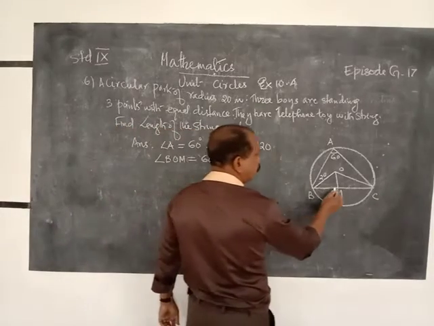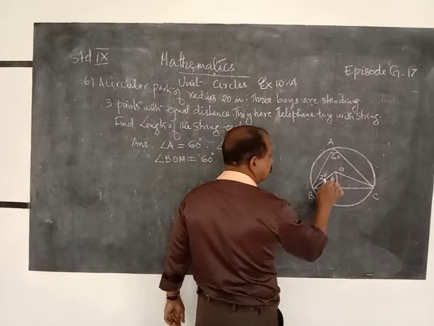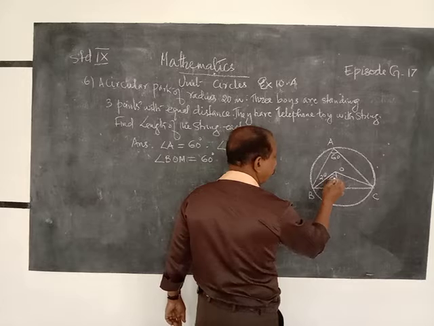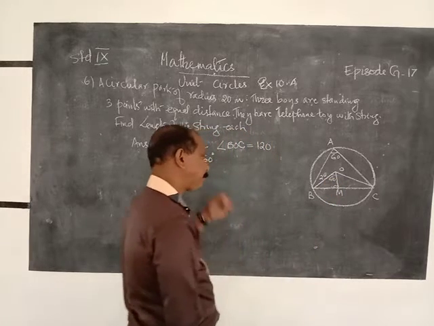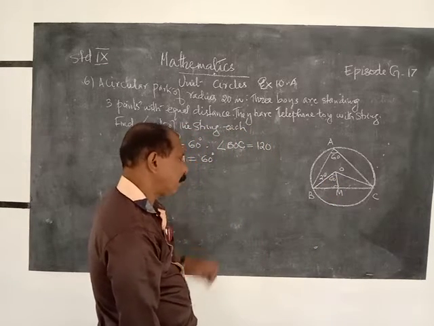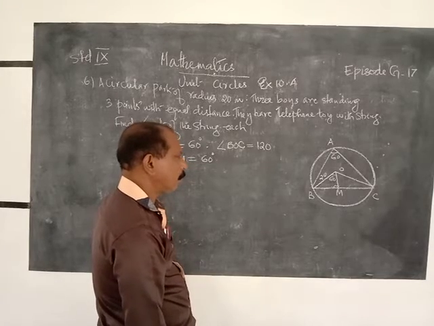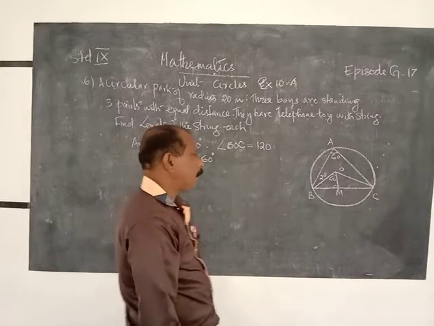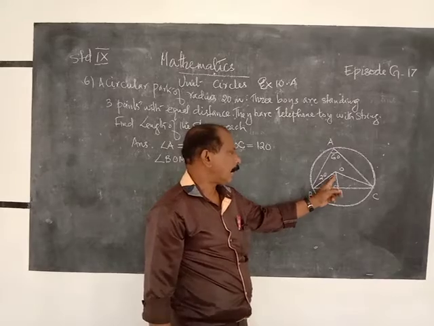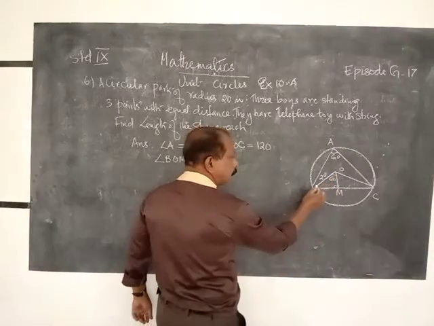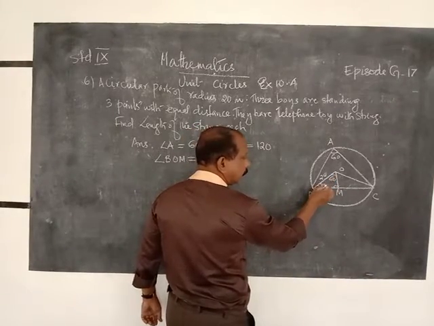This angle is 90 degrees, this angle is 60 degrees. That means this angle is 60 degrees, this angle is 30 degrees.